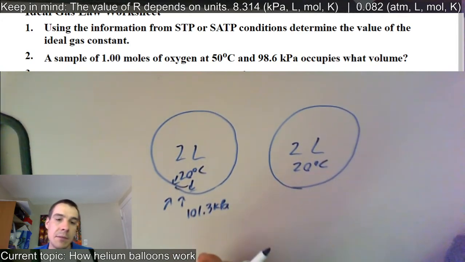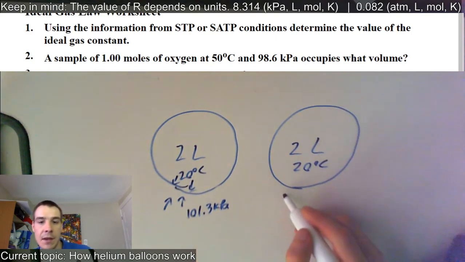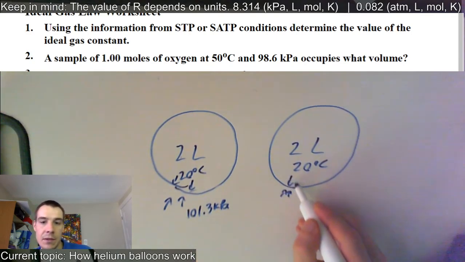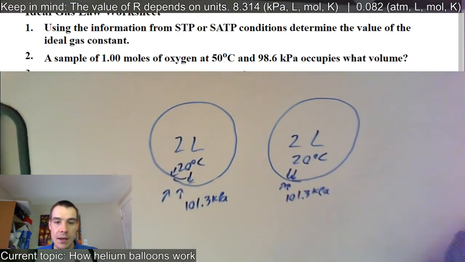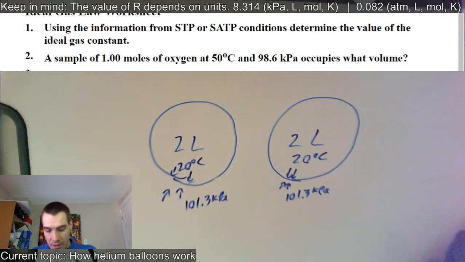I realize that the rubber is going to add a little bit of pressure to the inside, but let's just pretend that that doesn't happen. Inside and outside, let's say it's 101.3 kPa of pressure. They're both the same balloons. They have the same liters, pressures, and temperatures.